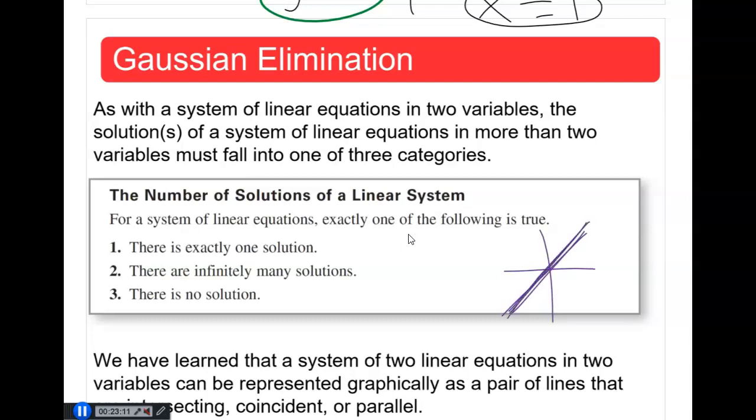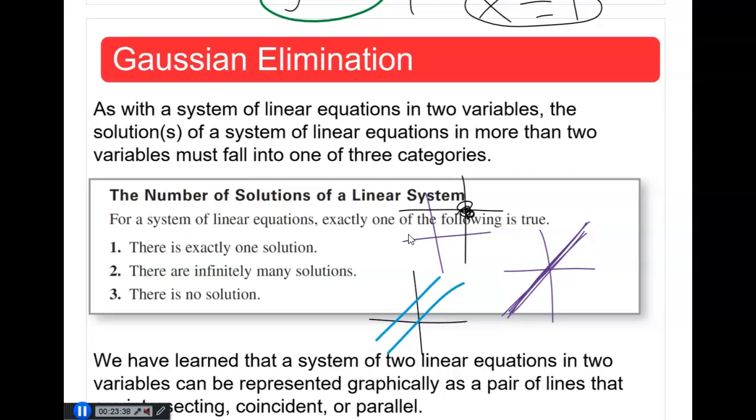The one solution was just like 2 lines intersecting each other at one point. And then for the ones with no solution, we had parallel lines. So now, how could we look at that from the 3 by 3 system?